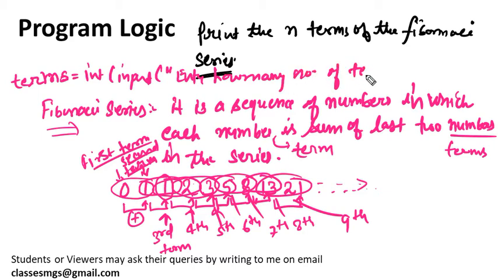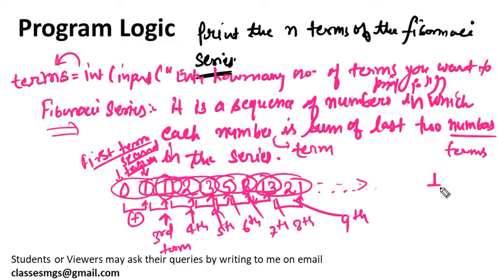You will print this message using the input method, and the user will enter the terms. If the user enters the value 1, then you will only print 0.